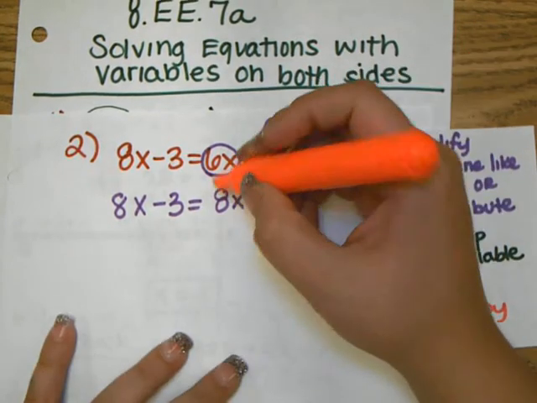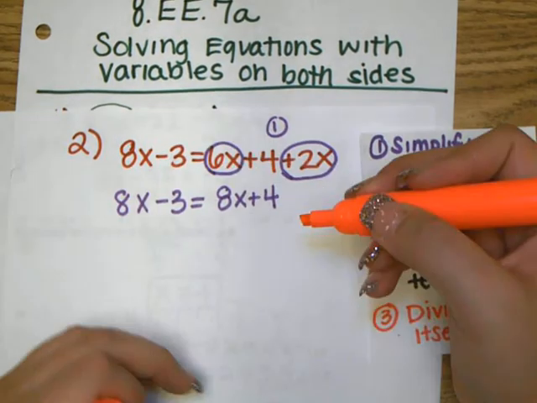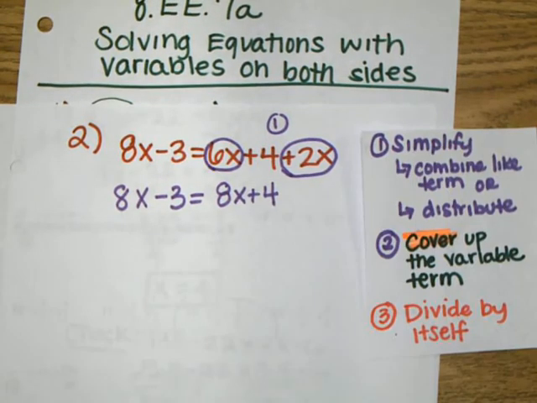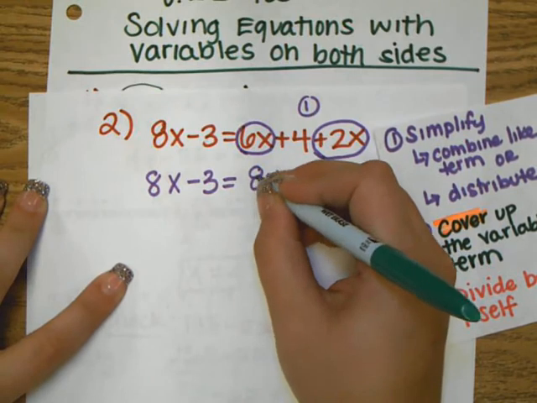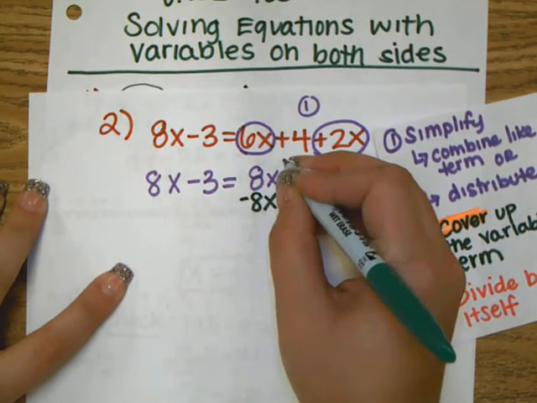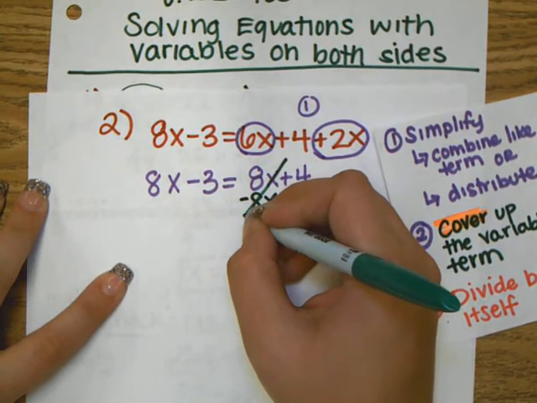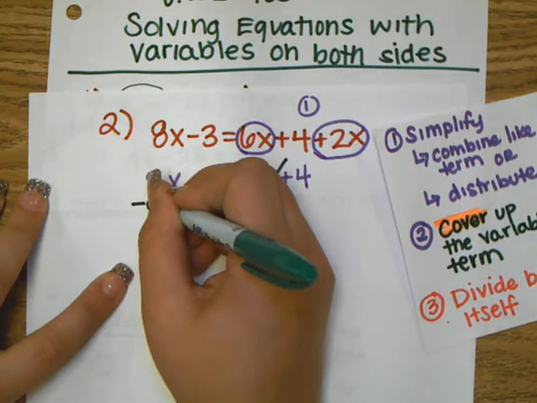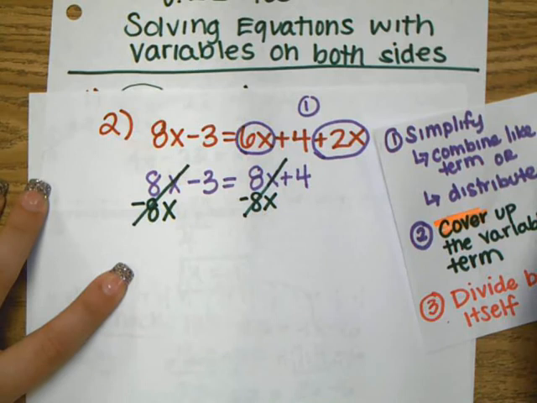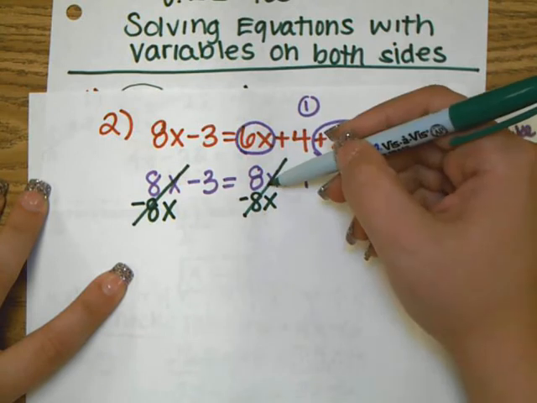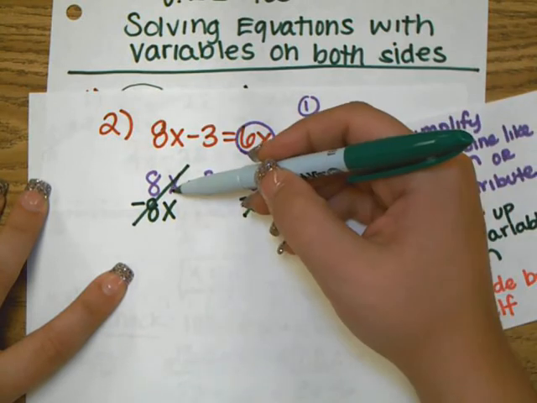Okay, then step 2 is to cover up the variable. But there's 2 of them. I can't have 2. So I need to get rid of one of them. Doesn't matter which one. So 8x minus 8x makes 0x. Uh-oh.